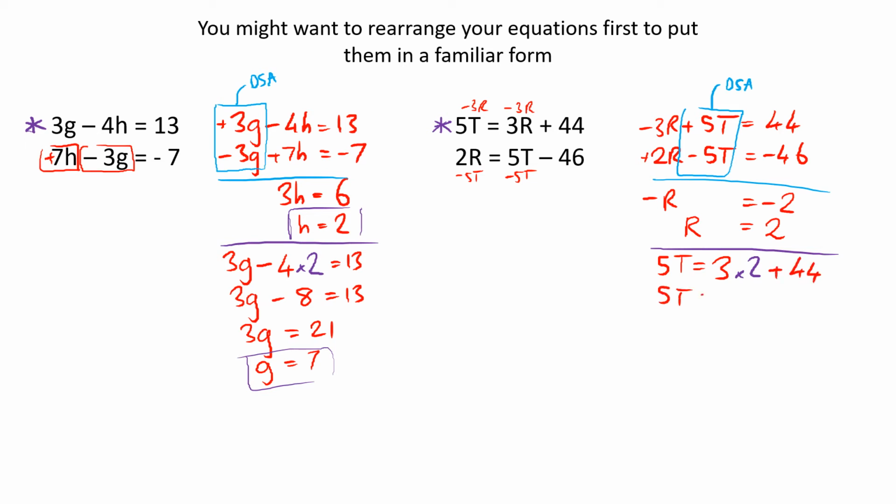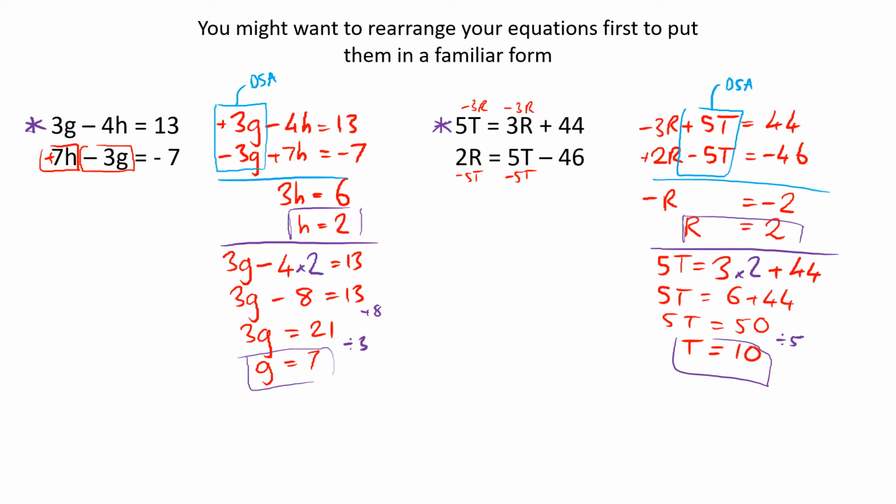So we'll end up with 5t is 6 plus 44, which is 50. And then we can just divide by 5, can't we? So we can get t is equal to 10. So it's just a case of substituting, and then a little bit of fairly simple rearranging at the end to get our final answers. So the second one gives us r is 2 and t is 10.